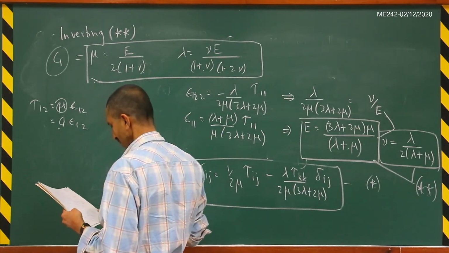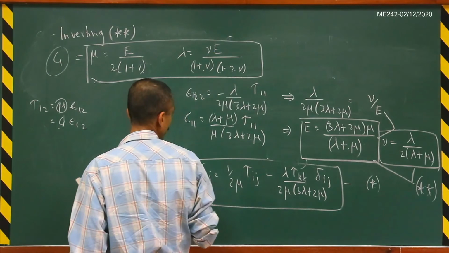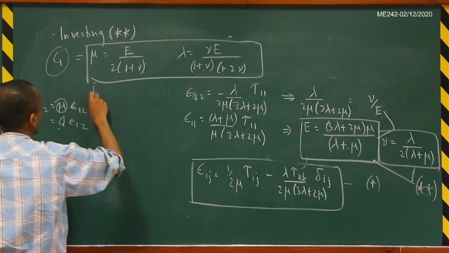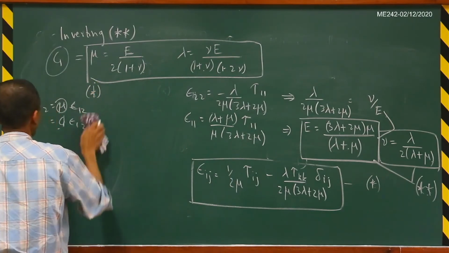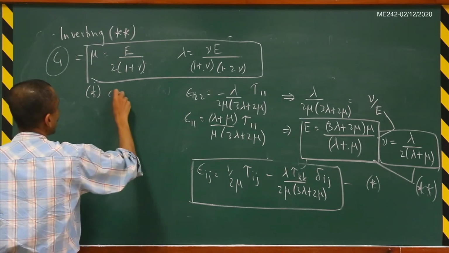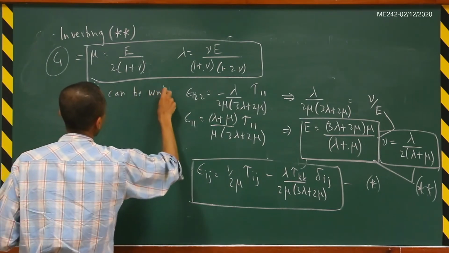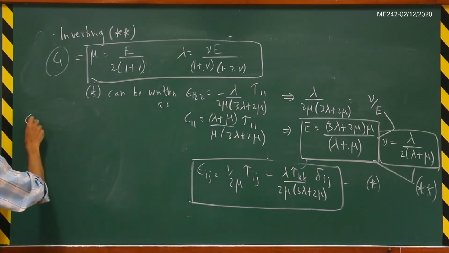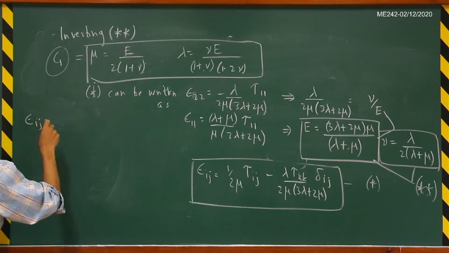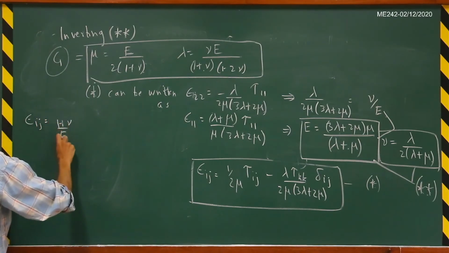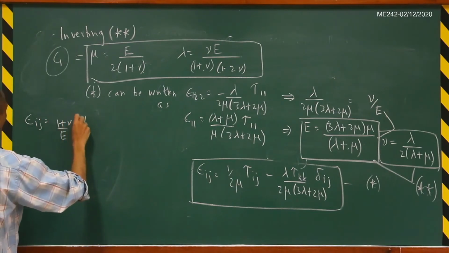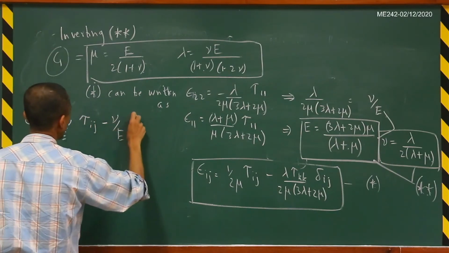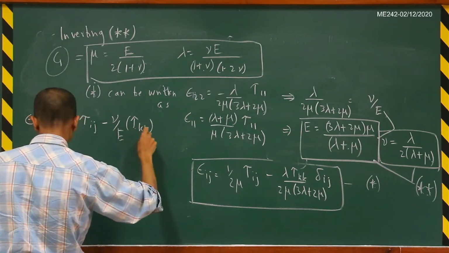Okay, so then star can now be written in the following way: epsilon ij is equal to 1 plus mu divided by E times tau ij minus mu divided by E times tau kk times delta.